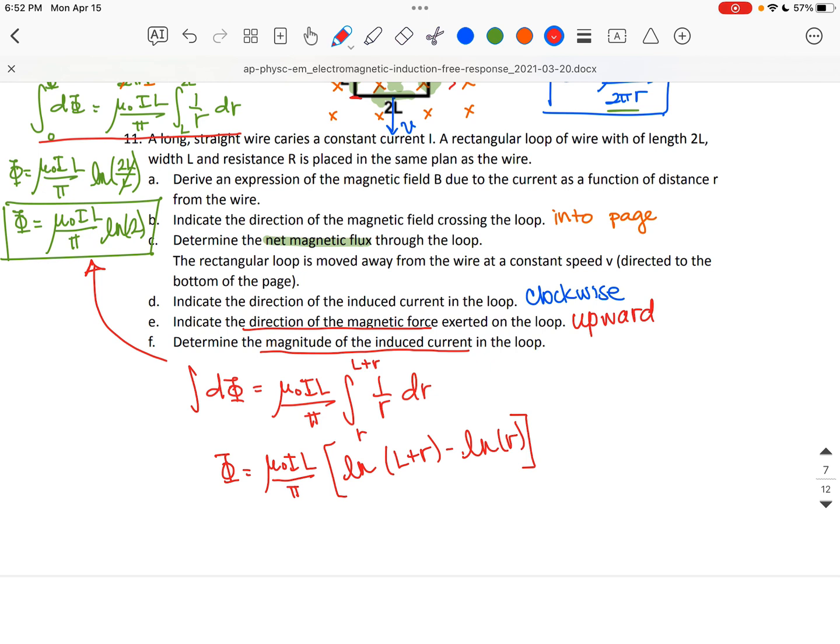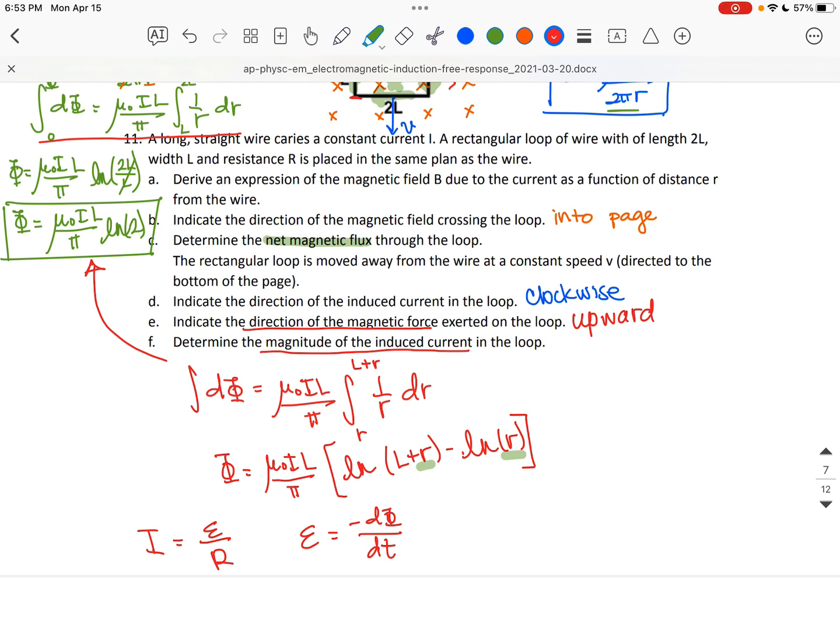And the reason why I'm doing that is because when I go to determine the induced current, current is EMF over R. EMF is negative d flux over d time. And my flux is not changing with respect to time, it's changing with respect to r.